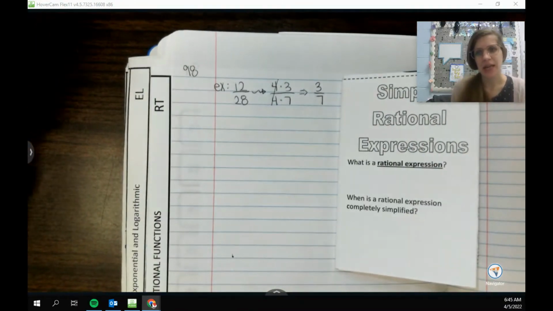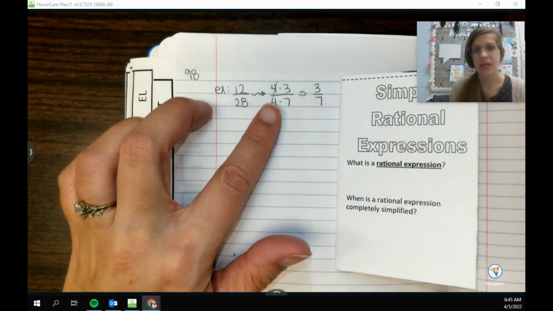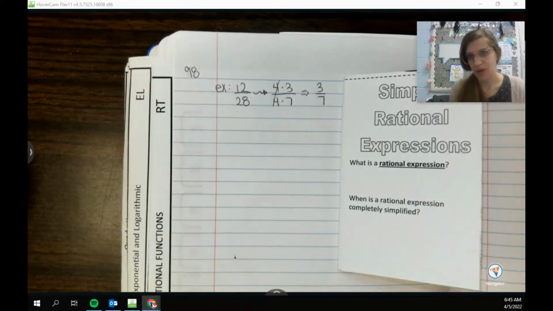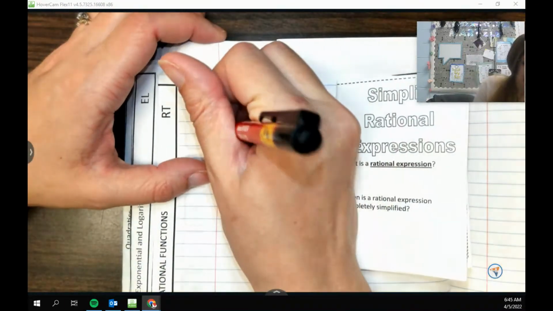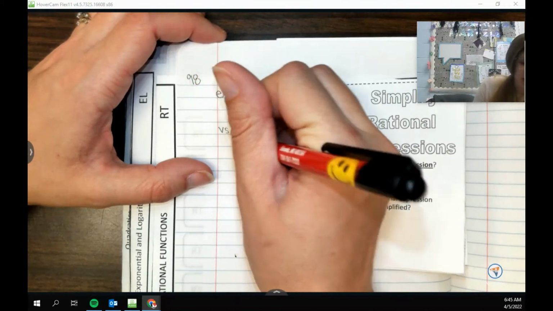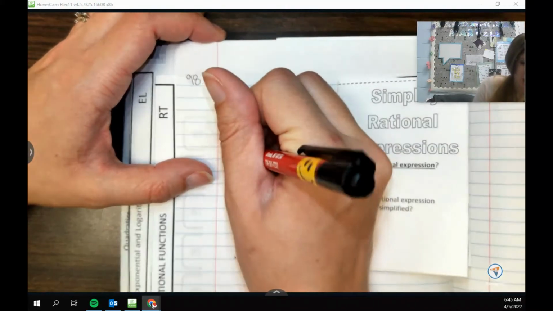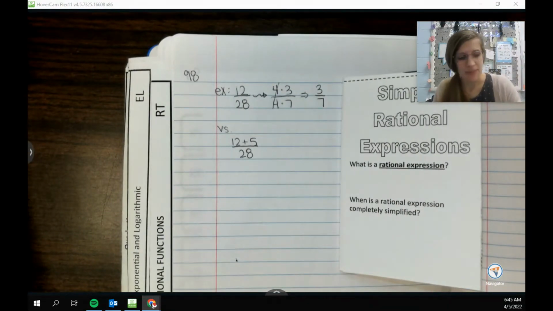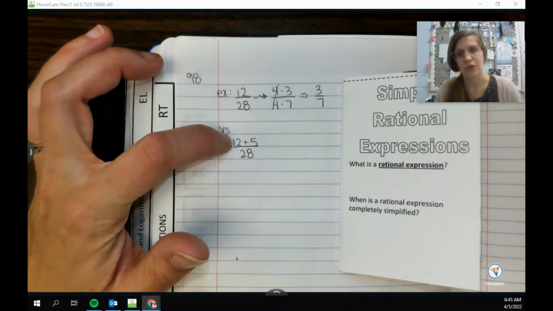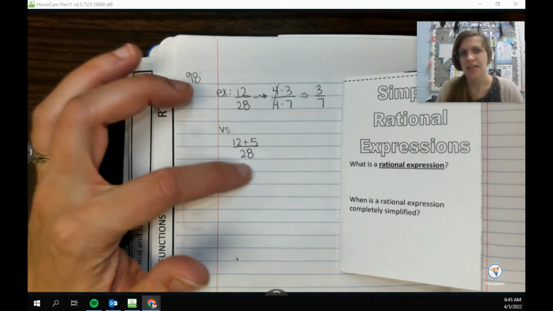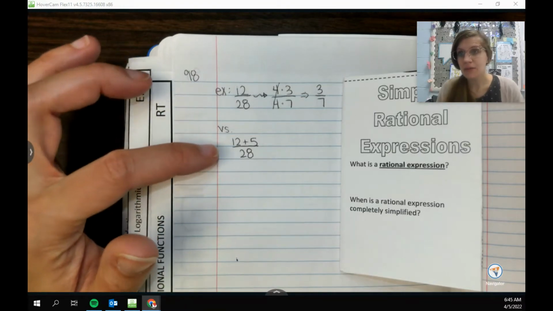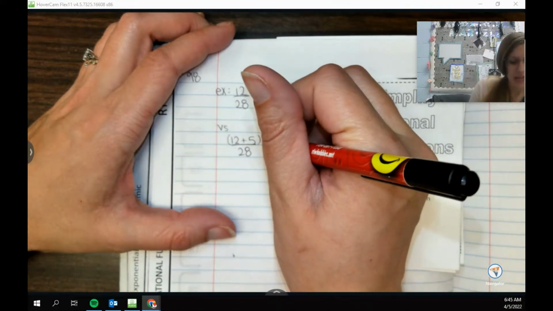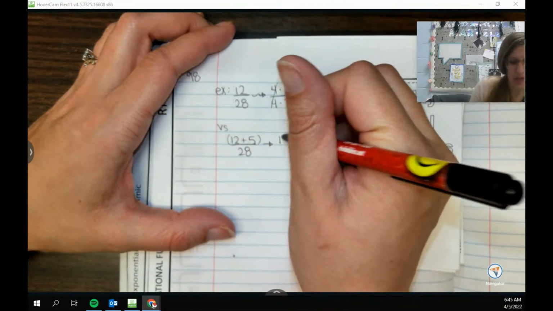Now the big thing to notice here is I was able to divide those 4s out because they were being multiplied to another number. That's very different than if I had (12 + 5)/28 like this. I can't do the same thing where I change the 12 to 4 times 3 and the 28 to 4 times 7 and divide out the 4s, because really what's happening here is I have some hidden parentheses, meaning that I need to add the numerator first.